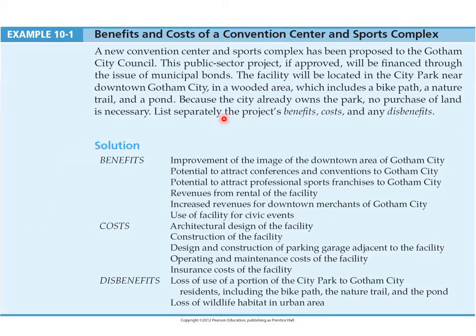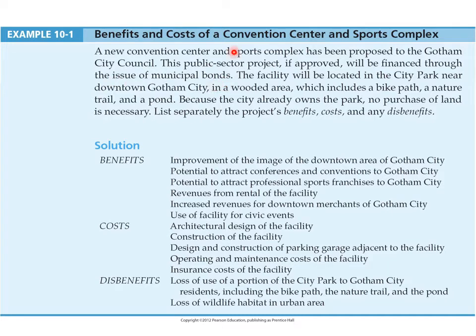So let's try to understand the concepts of benefits, costs, and disbenefits with this example. Assume that a new convention center and sports complex is proposed for a city. This is a public sector project, and if the project is approved, it will be financed through the issue of municipal bonds.